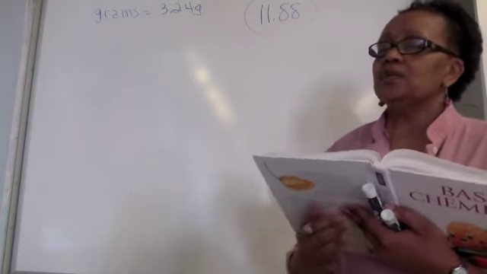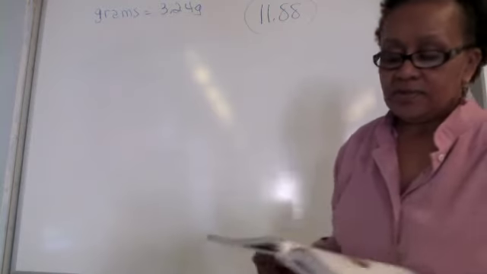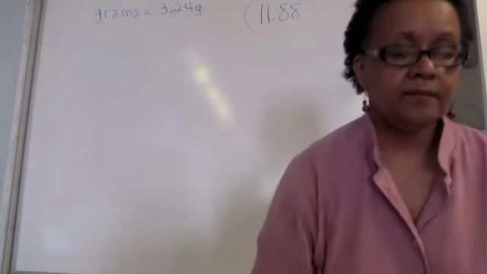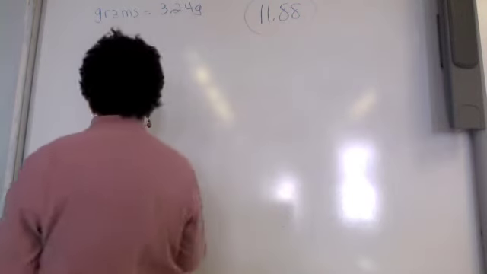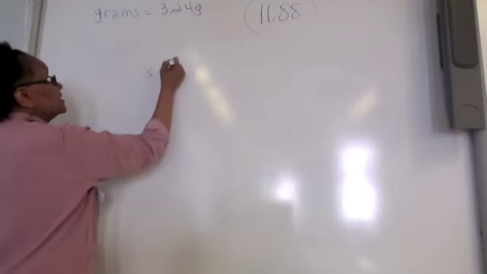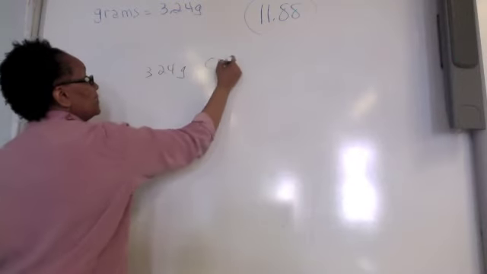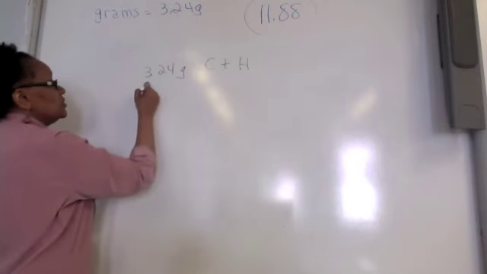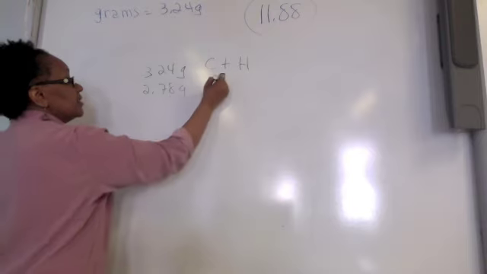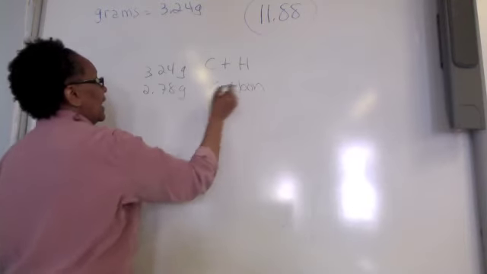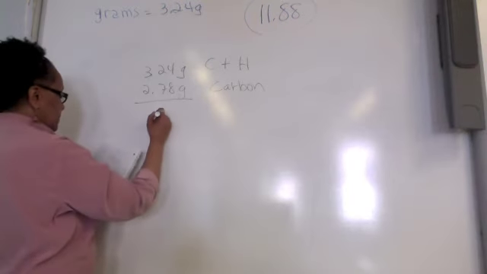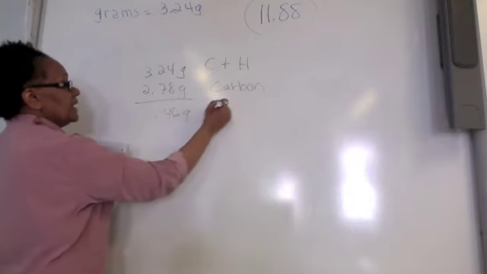Okay, so this is a continuation of the problem. What they're saying is that out of the 3.24 grams that you had initially, that's everything, carbon plus hydrogen, 2.78 grams is carbon, and the remaining 0.46 grams is hydrogen.